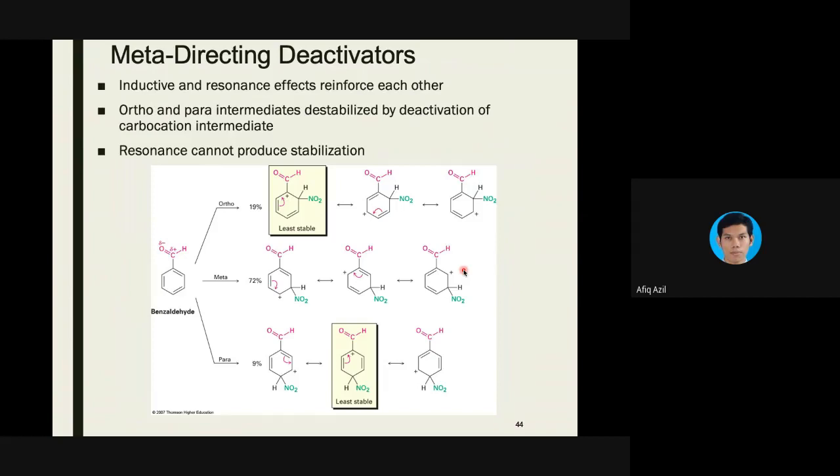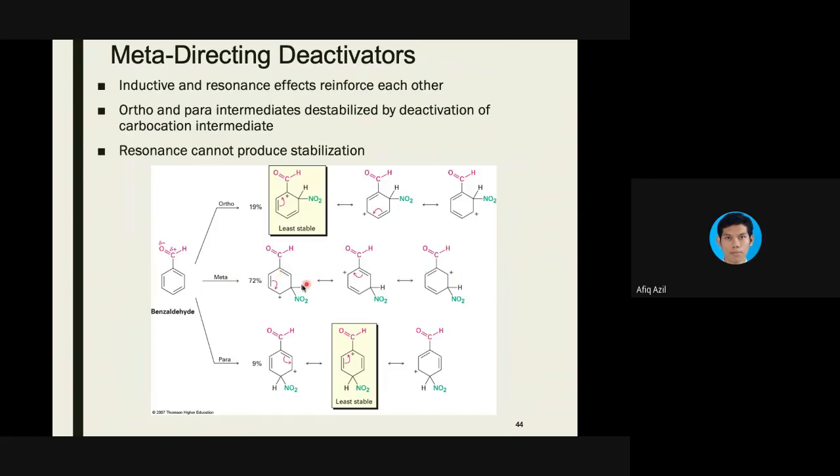It is due to the reason that in ortho and para positions, the least stable form of intermediate is formed. So it's like saying that the meta position wins not because it has the most stable intermediate, but because ortho and para have the least stable. It's like it's winning not because the meta position itself is good, it's because the others are even worse than these three intermediates.